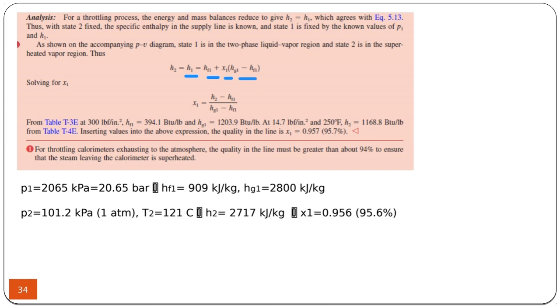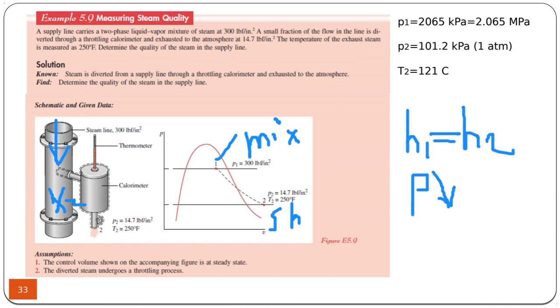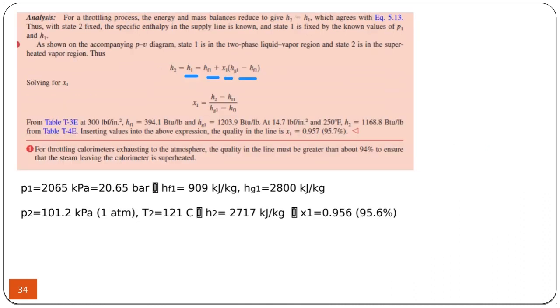Because this is a steam in the mixture zone and the expansion steam is in the superheated zone, we can calculate the values of the enthalpies at the expansion and at the inlet.